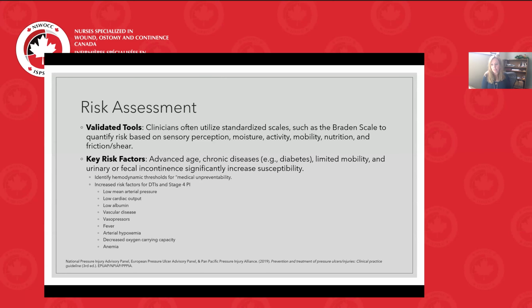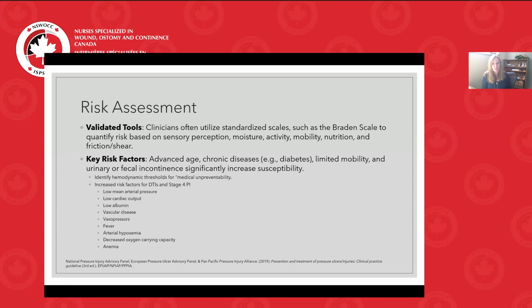When we talk about risk assessment, when we're actually looking at the patient and trying to decide how high of risk they are, one validated tool that you can use is the Braden scale. The Braden scale is a tool that focuses on the categories of sensory perception, moisture, activity, mobility, nutrition, and friction and shearing.